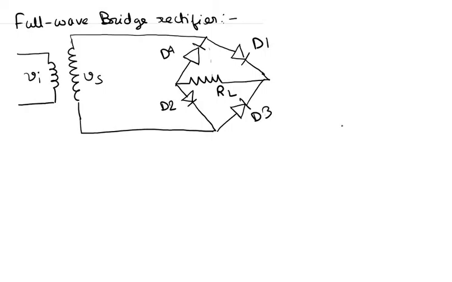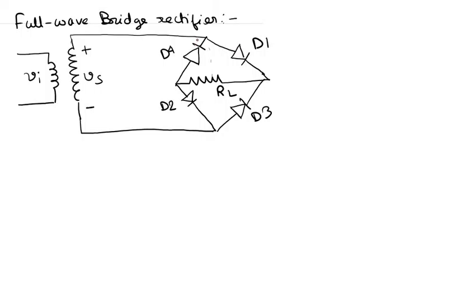Okay, now let us consider the time when Vs is basically positive. So when Vs is positive, this diode D4 is actually reverse biased. Okay, so no current can flow through D4, but the diode D1 is actually forward biased.